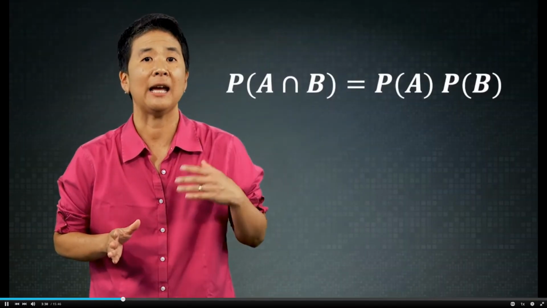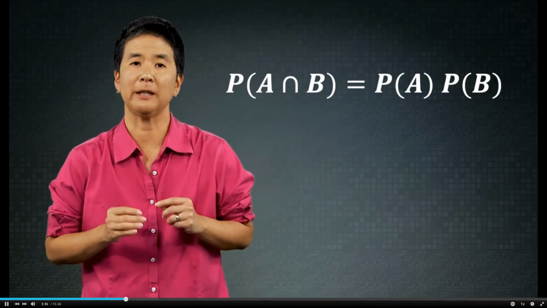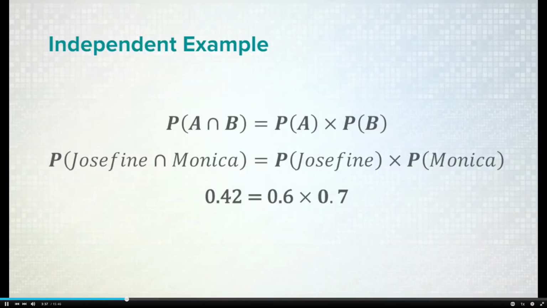Well, remember my definition of independence? It's the probability of A and B equals the probability of A times the probability of B. So in this example, does the probability of Josephine and Monica going to the concert equal the probability of Josephine going to the concert times the probability of Monica going to the concert? Let's see.